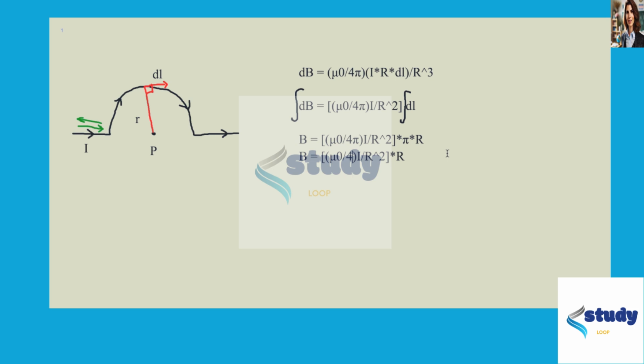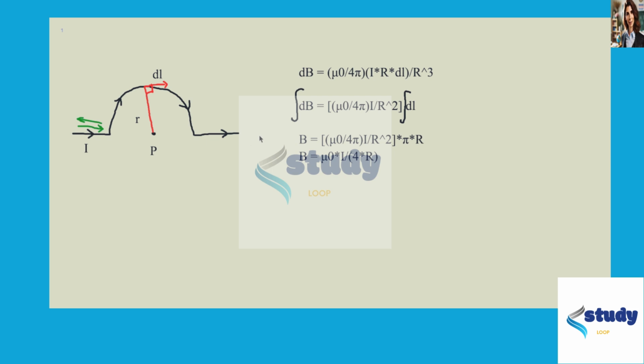And we have R squared in the denominator and a factor of R up in the numerator, so we'll cancel that out. That's going to leave us with one factor of R on the bottom. And then rewriting this all into one fraction, we'll have mu naught times I on top, and then 4 times R on the bottom. So this is going to be our final expression that will give us the magnitude of the magnetic field at this point P from this current.